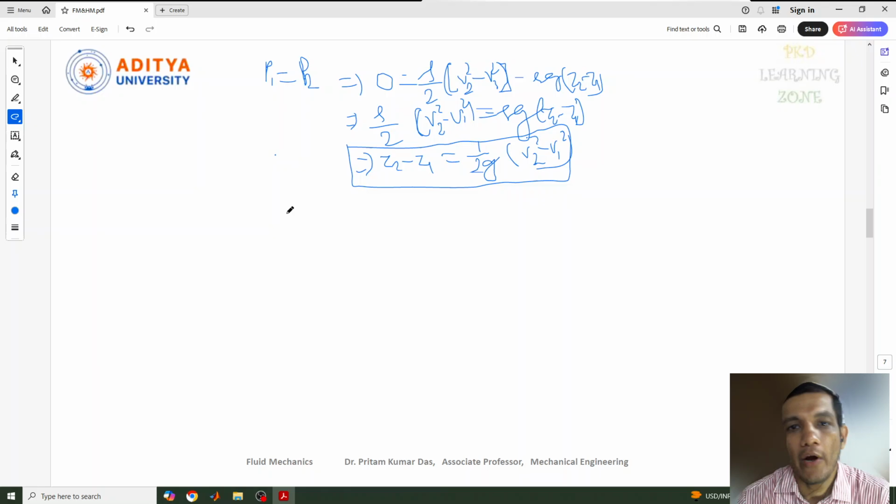Similarly, let's consider that point 1 lies on the axis of rotation. Then in that case what will we get? Now V1 we know is omega into R1.